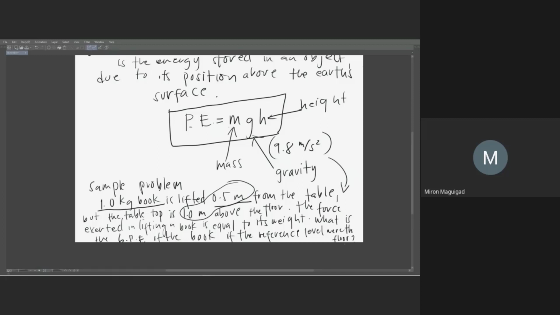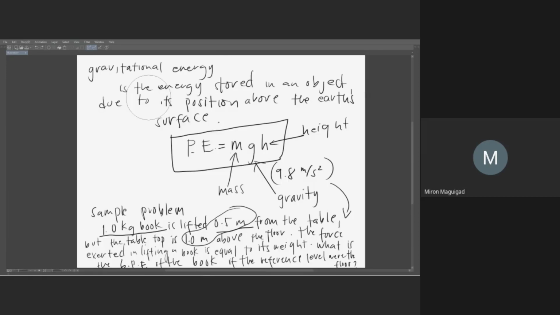So the floor is the reference, and that is where you start. From the floor, the tabletop is 1 meter, and then 0.5 meter the book was lifted, so we combined them.